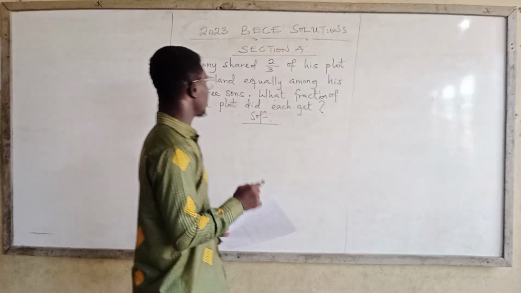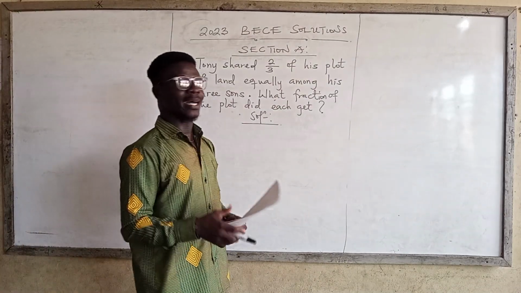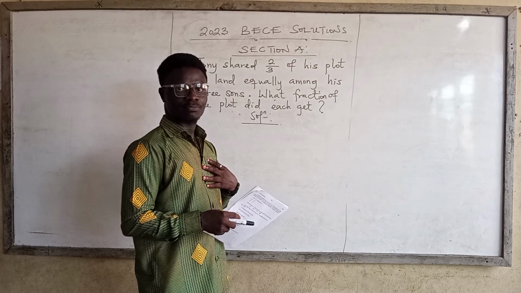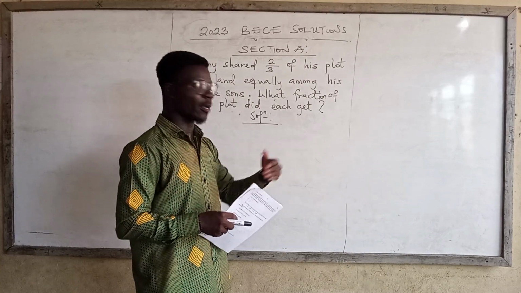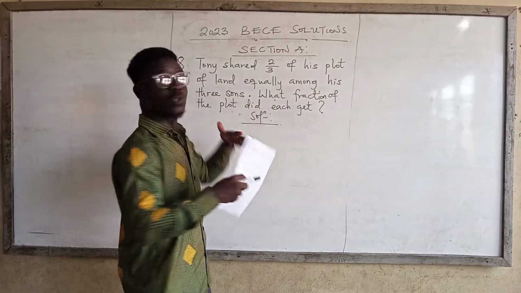Now the total fraction is 1. But this time around, Tony chose to share the plot of land, which is two-thirds.